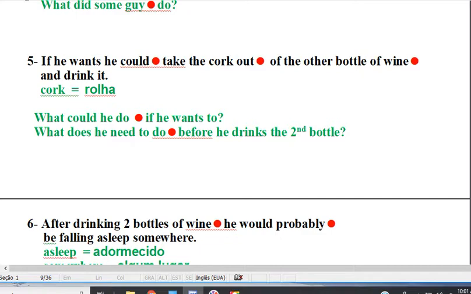Questions. What could he do? What could he do if he wants to?